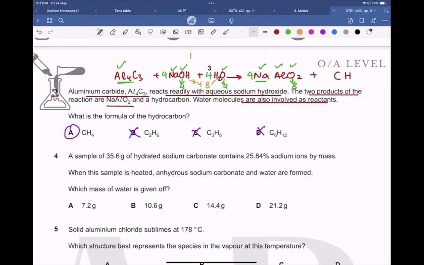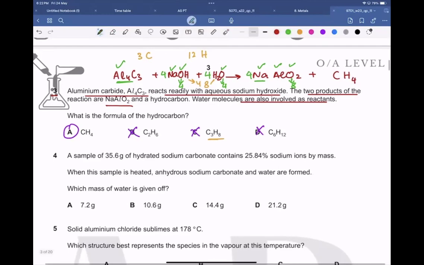So we are left with 12 hydrogens and 3 carbons. So C3H8 is the compound? There is no C3H12 compound, is there? So if there are 3 carbons and 12 hydrogens, the only possible way is that it is going to be CH4, and there would be 3 moles of CH4, then 3 carbons and 12 hydrogens would be justified. Now, is this understandable to all of you?